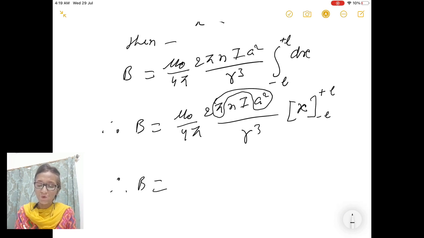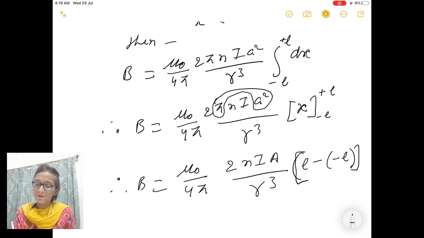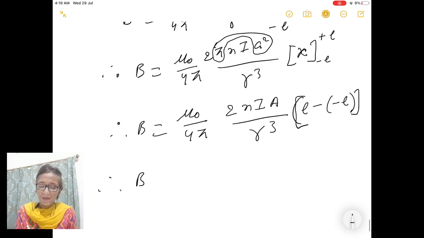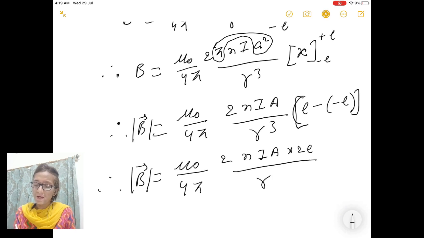Therefore B becomes equal to mu naught upon 4 pi, 2 n I A upon r cube, L minus minus L. So you get B is equal to, I am writing the magnitude only here at every place, mu naught upon 4 pi, 2 n I A into 2L divided by r cube.